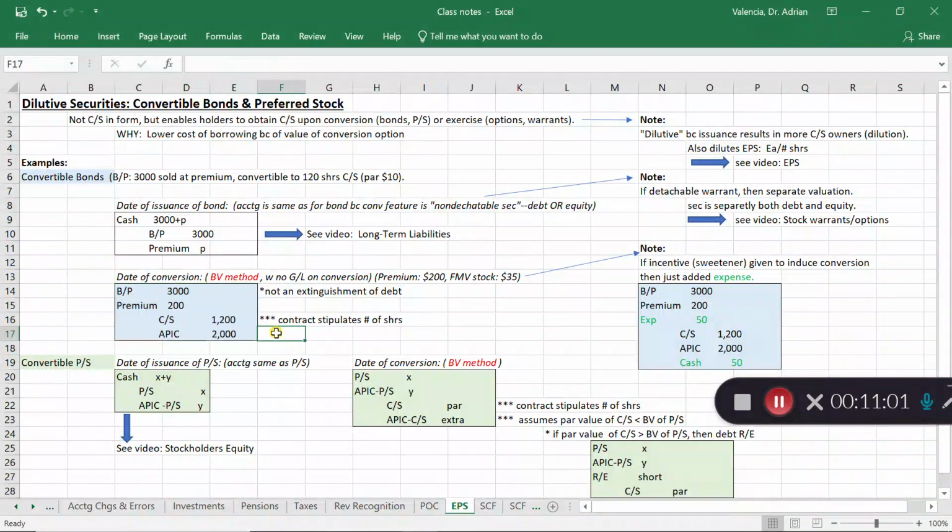And the reason we have no gain or loss is because we're using the book value method. All right, we're valuing this transaction at the book value of the bond. Whatever the book value of the bond, that's what we're going to value the common stock portion, or the equity portion, at. All right, I have a little side note here that says, if an incentive, sometimes referred to as a sweetener, is given by the issuer of the bond to induce conversion, then just add it as an expense.